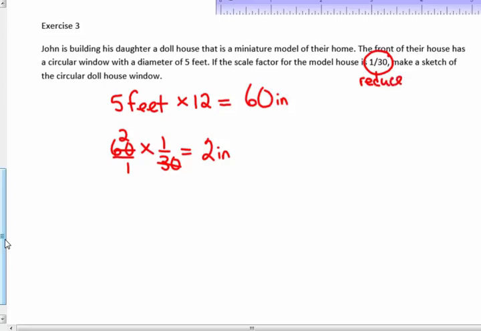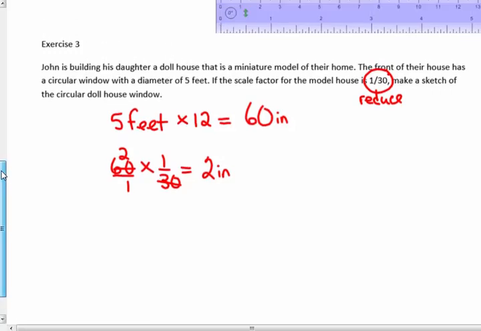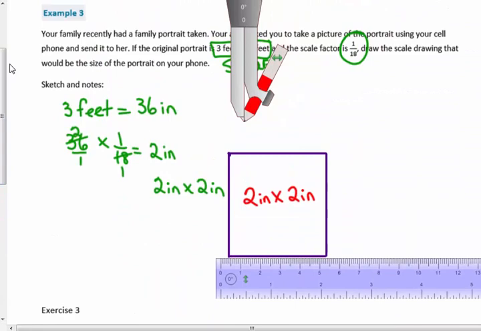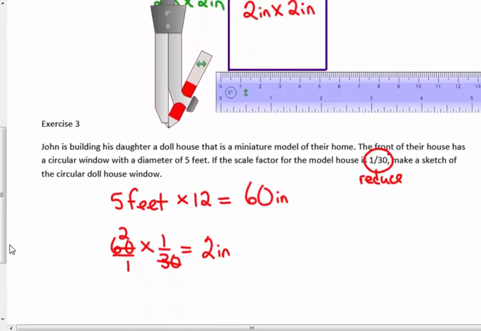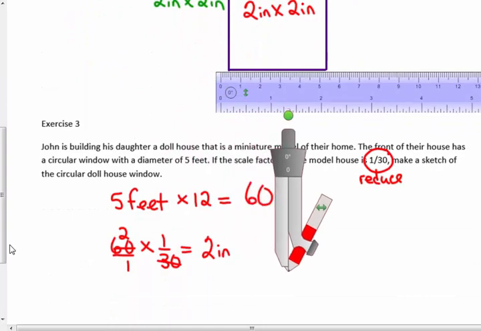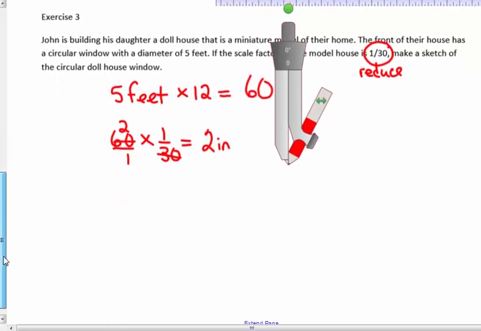So we're reducing the house down to a dollhouse, and we're making that 5-foot window proportionally down to a 2-inch window. It's a circle, so we need a compass. Now, just do your best sketch. I'm going to actually use a compass, as you can see here. Here's my fancy smartboard compass, and I'm going to make a circle that's 2 inches around.